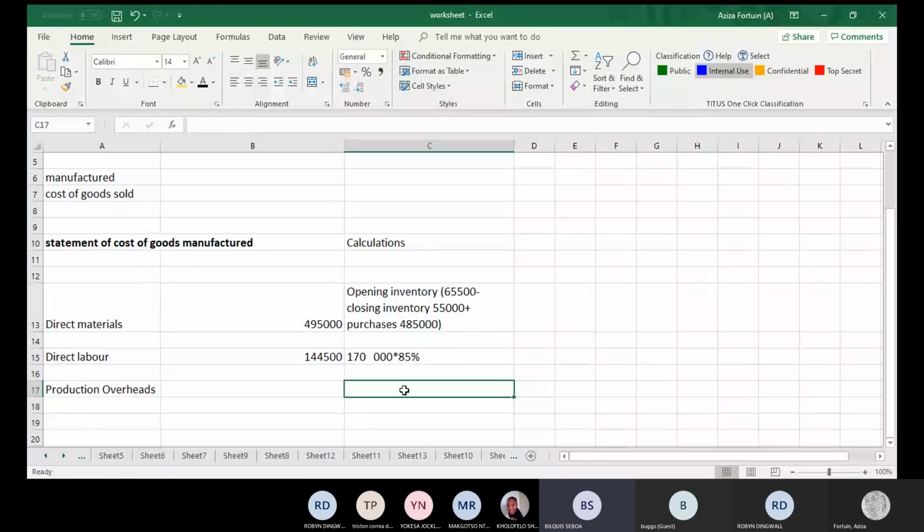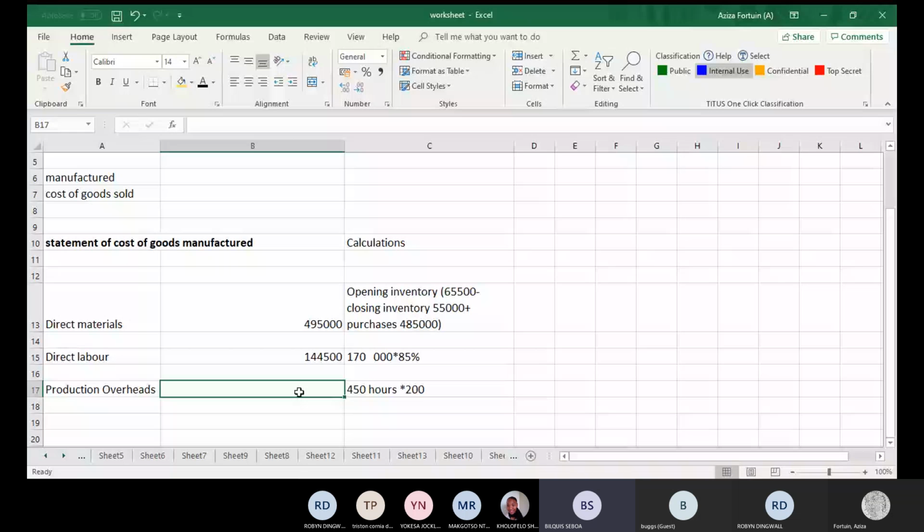A total of 450 machine hours were worked during the month, at a rate of 200 Rand per machine hour. So we just multiply it and then get the 90,000. So let's just calculate that.